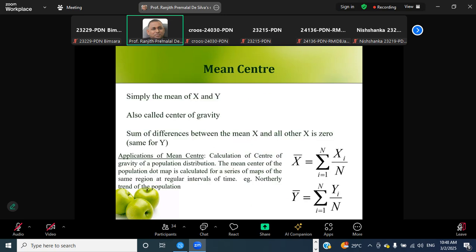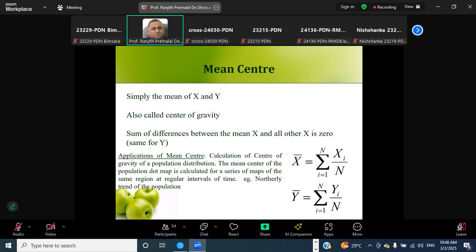So it's simply the mean of x and y, also called the center of gravity. If you want to calculate the center of gravity, that is the same thing. The sum of differences between the mean x and all other x is 0, and the same for y. So when you calculate the mean, the sum of all the differences between individual values and the mean value of x is 0, because you have positive deviation and negative deviation.